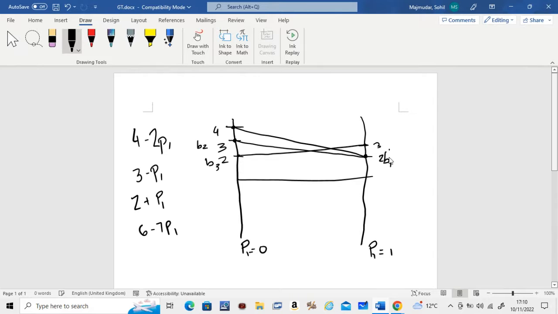And similarly for this one, plug in P1 to be 0. We get 6, which is slightly up here. And in place of P1, plug in 1. We get 6 minus 7, which is negative 1. Somewhere here. And connect the two dots.